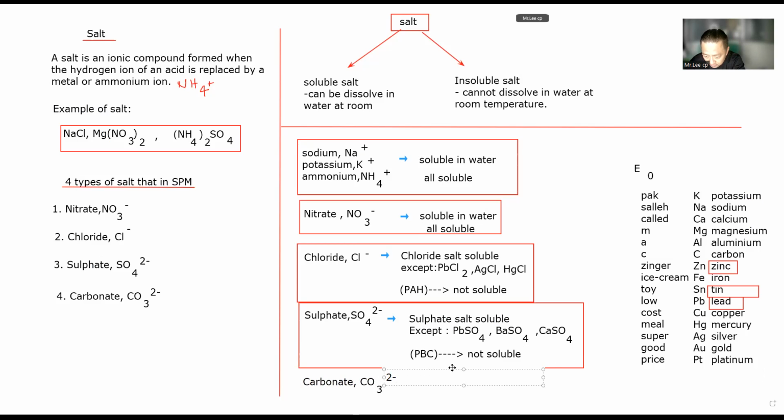When you see this one, all not soluble, all not soluble. All carbonate salts, all.